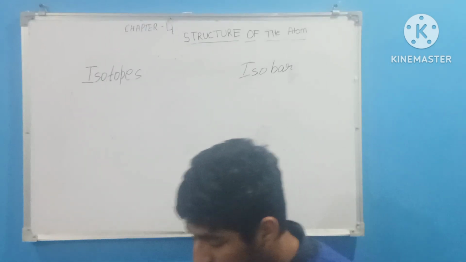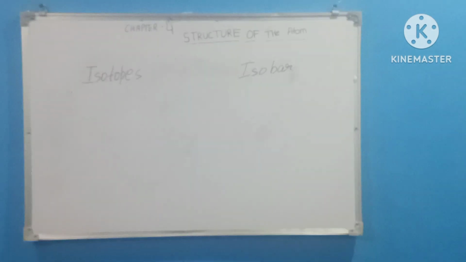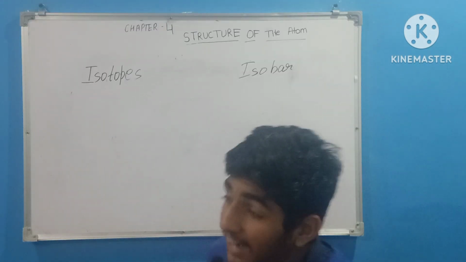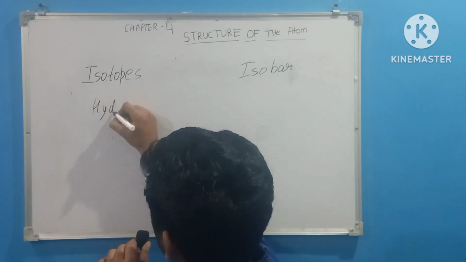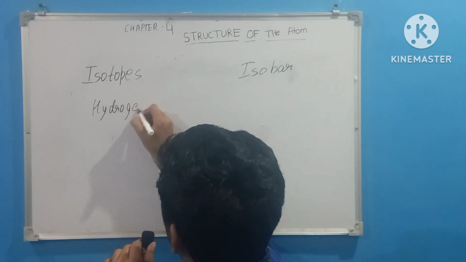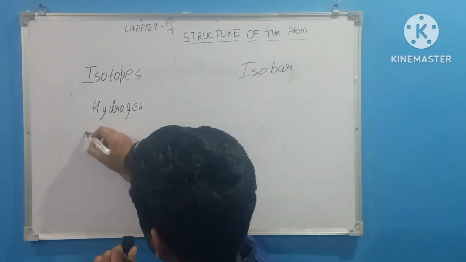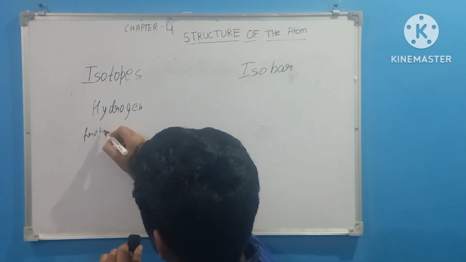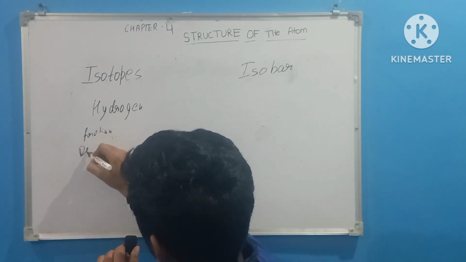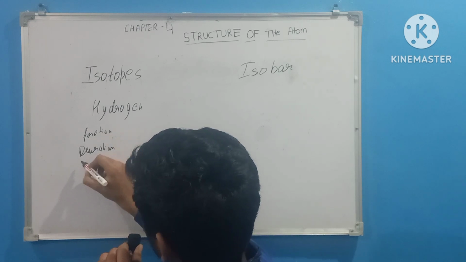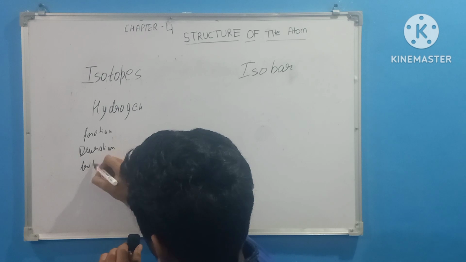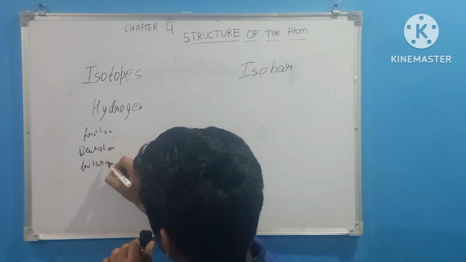So let's take an example. Let's take the example of hydrogen. There are three: protium, deuterium, tritium.